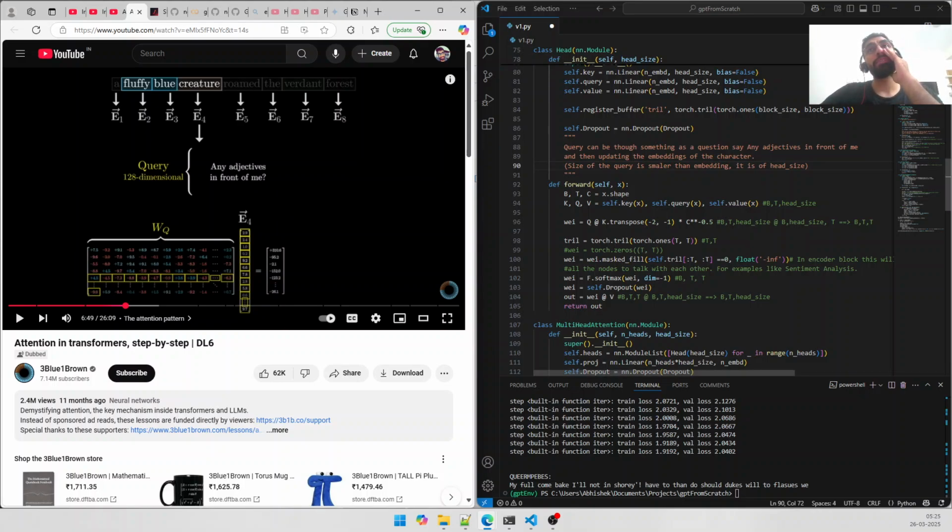That's what is happening here. So it takes the embedding, and then internally it multiplies it by weight so that we get a head size output.